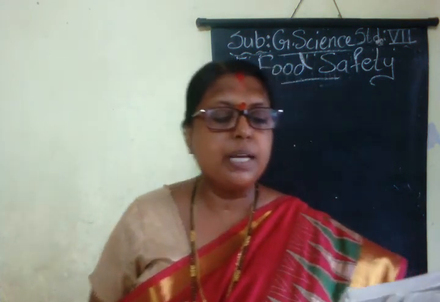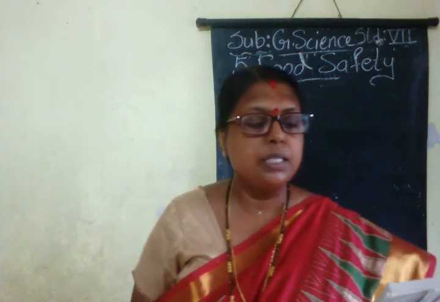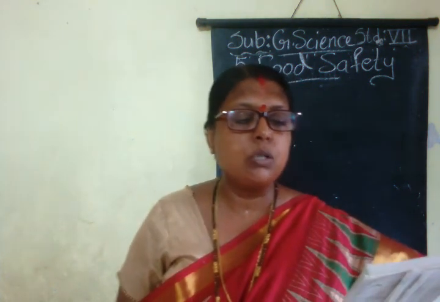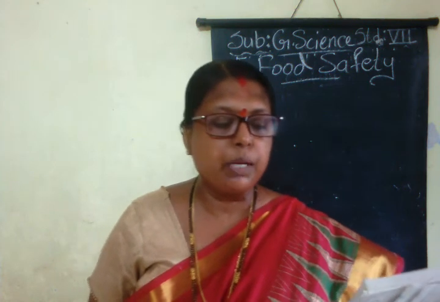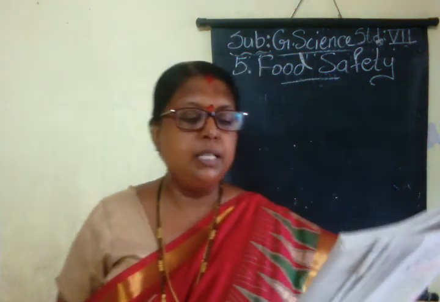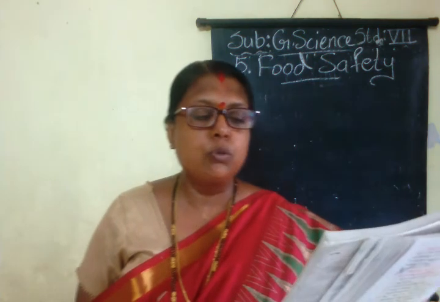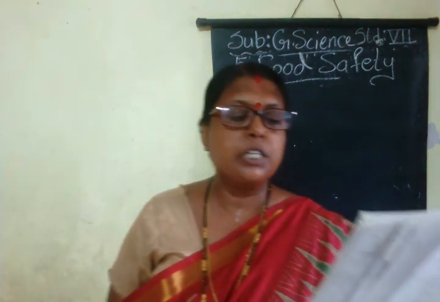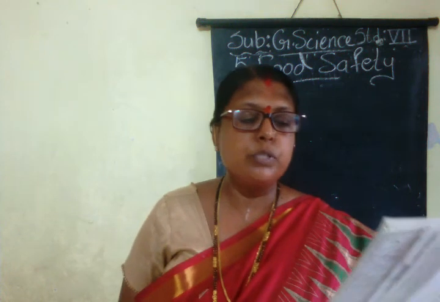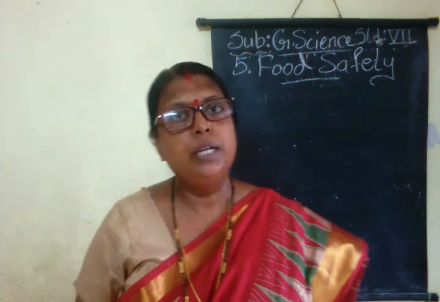Chemical preservatives are acetic acid, that is vinegar, citric acid, sodium benzoate, and some nitrate and nitrite salts. They are used in sauce, jams, jellies, packed ready to cook vegetables, ready to eat foods, etc. These preservatives keep the food safe for a longer duration of time.